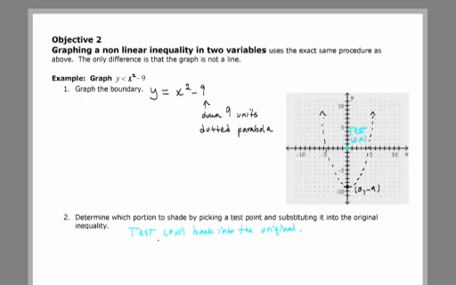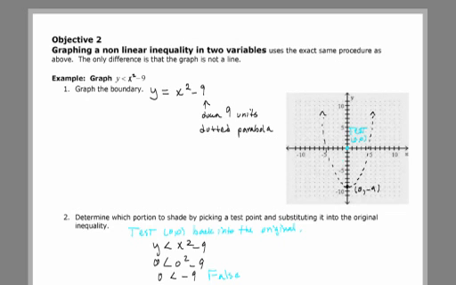So the original is y less than x squared minus 9. Let's put a 0 for y, a 0 for x, and I get 0 is less than negative 9. So I have to decide if that's true or false. So is 0 less than negative 9? It's not.